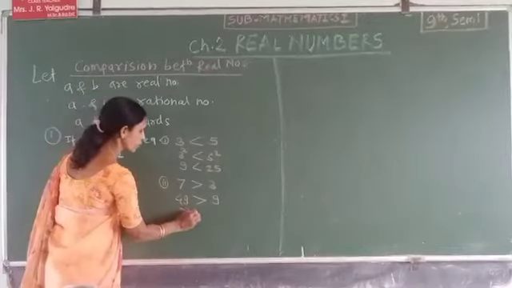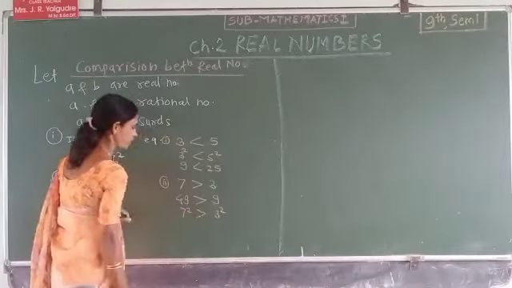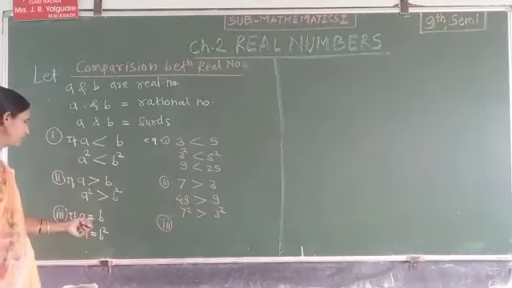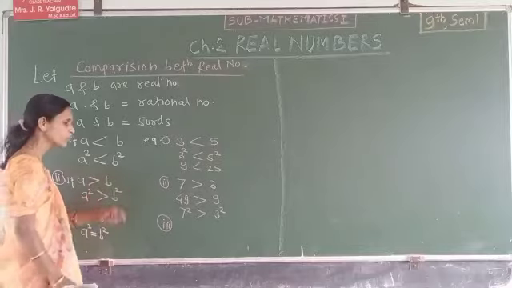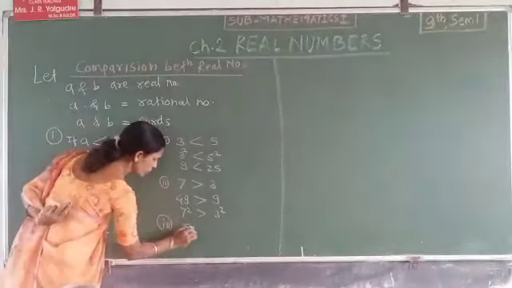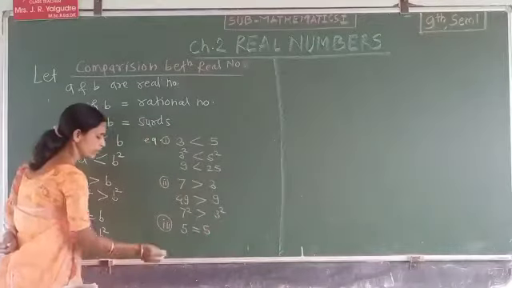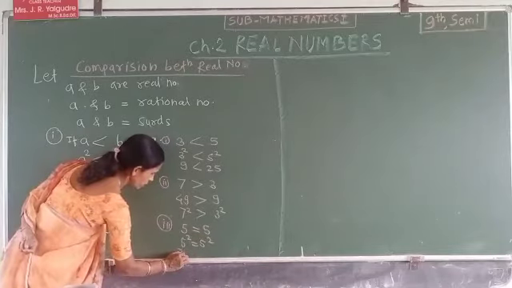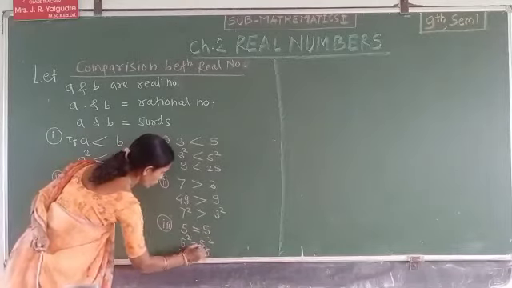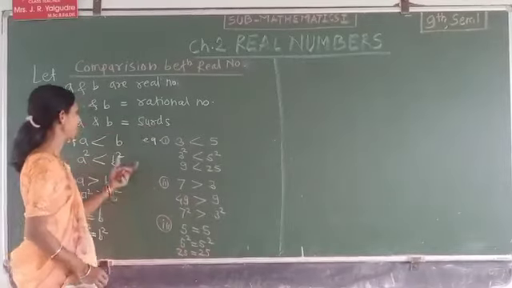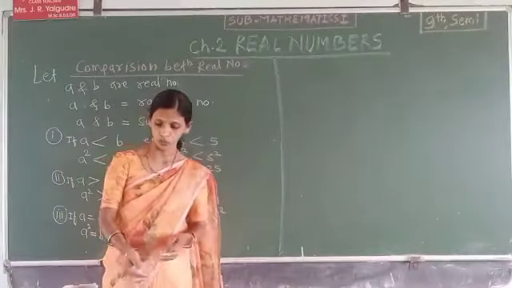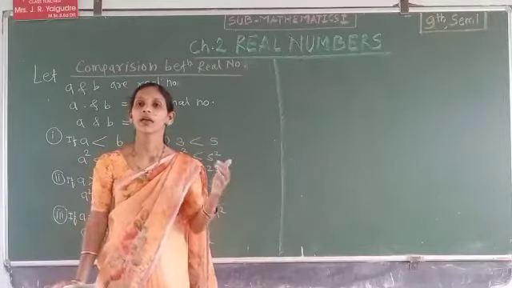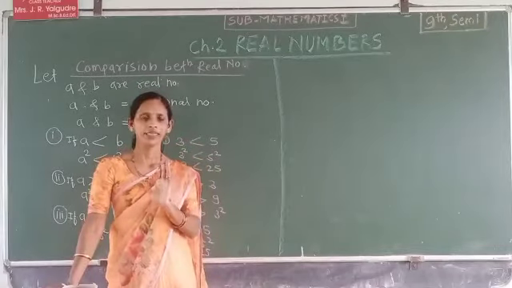As well as the third property, A is equal to B. If those two numbers are equal, then 5 square is equal to 5 square, that is 25 is equal to 25.